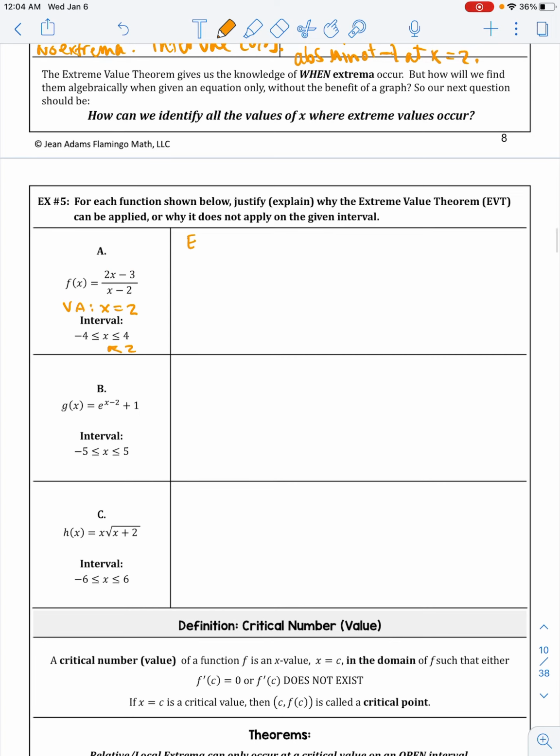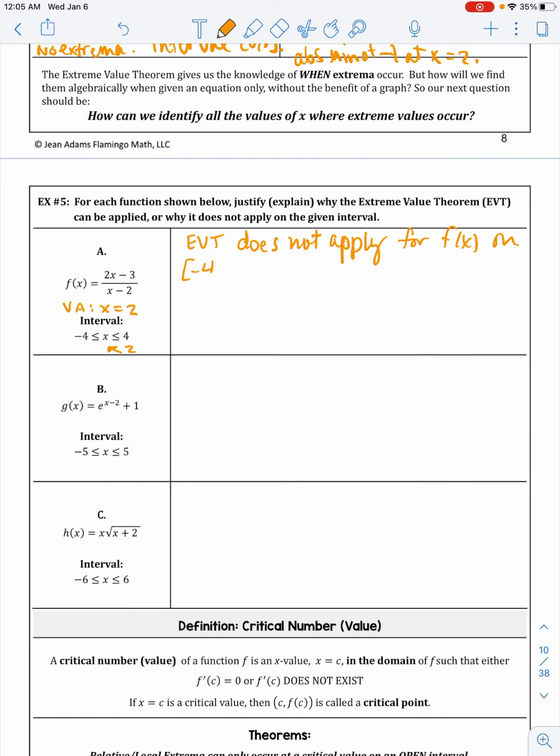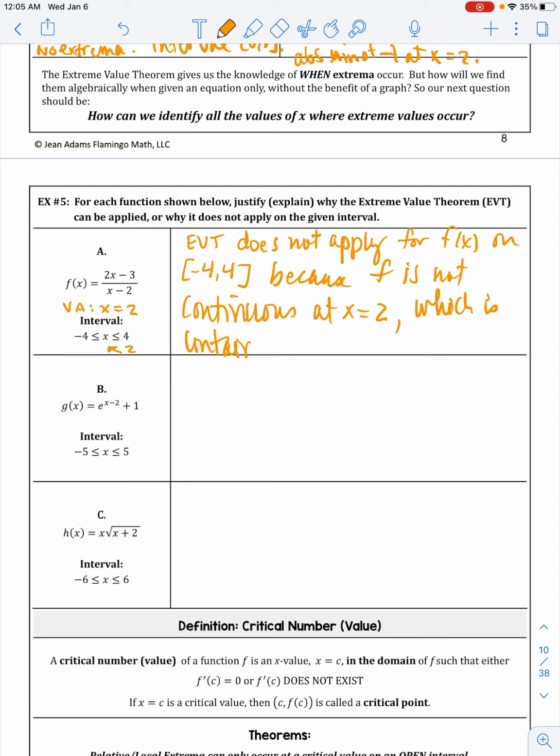So we're going to say that the extreme value theorem does not apply to f of x on [-4, 4] because f is not continuous at x equals 2, which is contained in the interval.